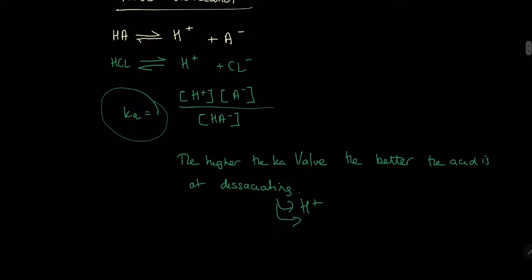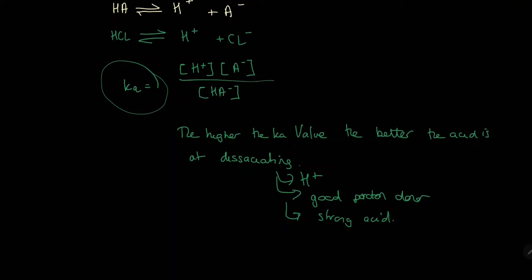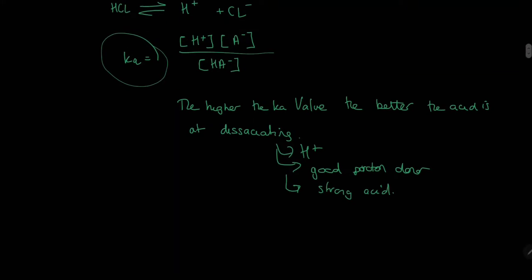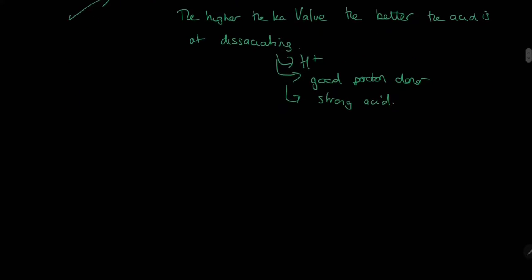So it's going to be a good proton donor, which means it's going to be a strong acid. Okay? So sometimes we are also given that number. Okay, so we're going to look at an example now.